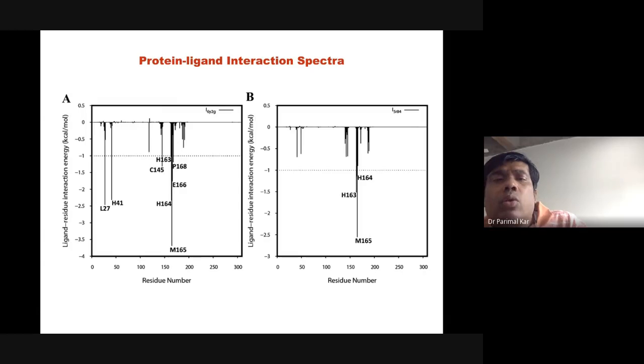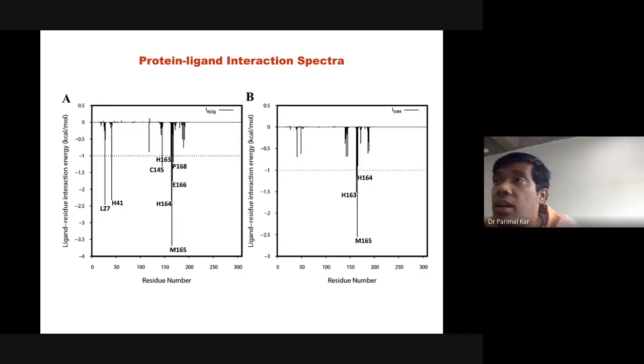So we decomposed the binding energy, and for both of these ligands you can see the residues that are contributing. Now you can see that for A, which corresponds to alpha ketoamide 13B, more amino acids are contributing by a significant value compared to the other amino acids. So that's why it has a better binding affinity.